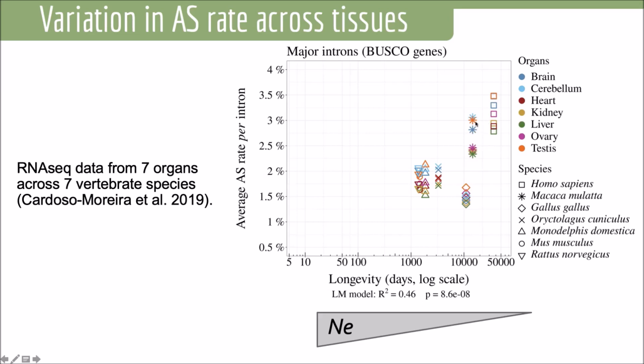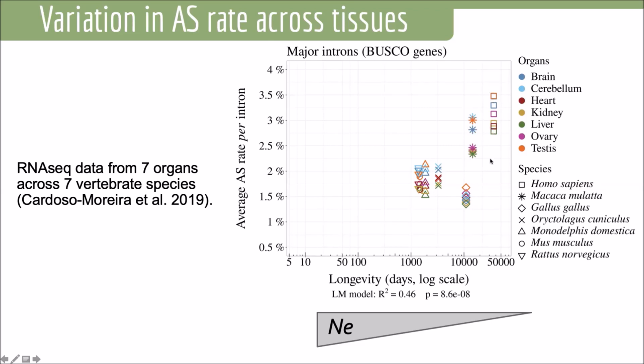And as you can see, in each species, there is some variability across organs, and notably in many species, the rate of alternative splicing is highest in testes and lowest in liver.